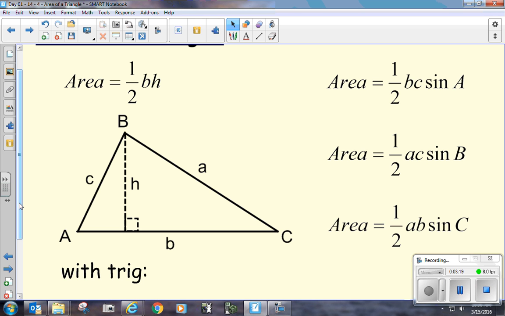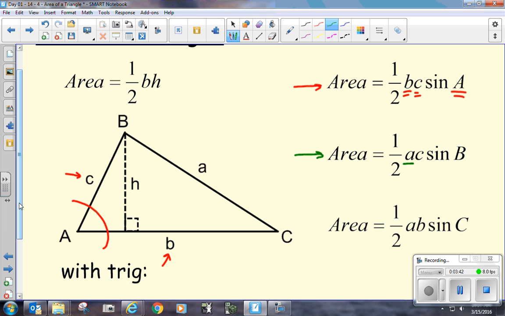They all have 1/2, they all have sine, and they all have A, B, and C. If I'm looking at my drawing here, I have A with side B and C. This one has angle B with side A and side C. I'm starting to see a pattern here. And this one is angle C with side A and side B.